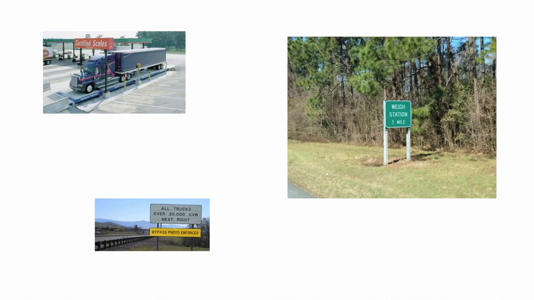One way to think about this lesson is using the right scale or using the right unit. This here, it's a picture of a truck, a big truck. You might have seen one of these weigh station signs, or a sign like all trucks over 20,000 something next right. They're gonna get you if you don't pull over. They're gonna get your license plate.